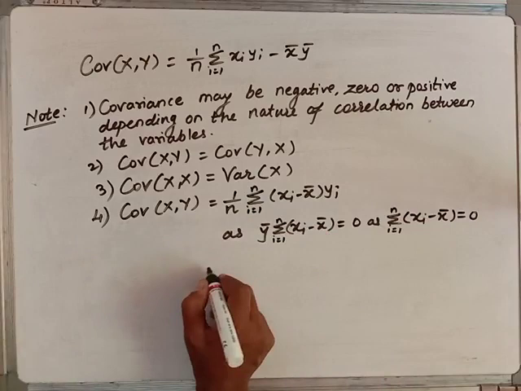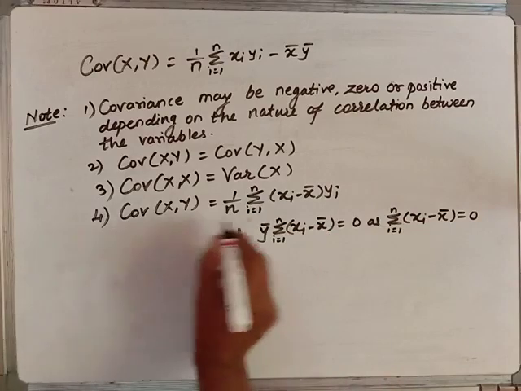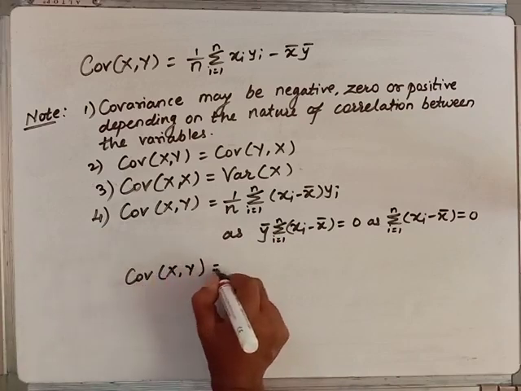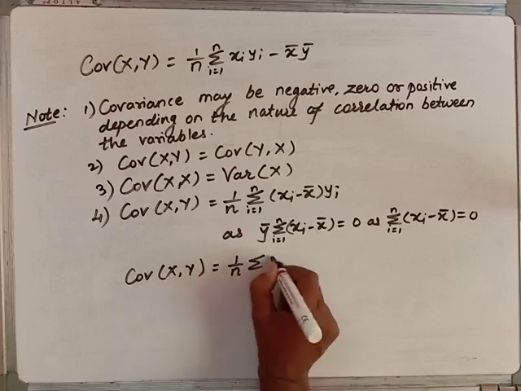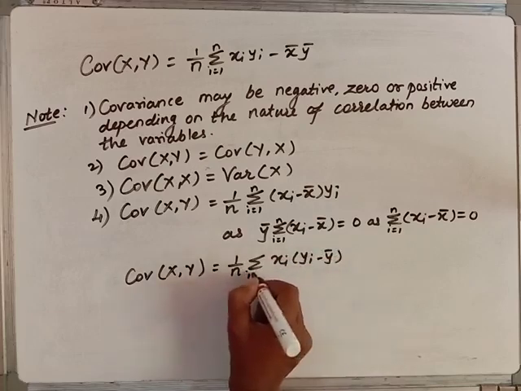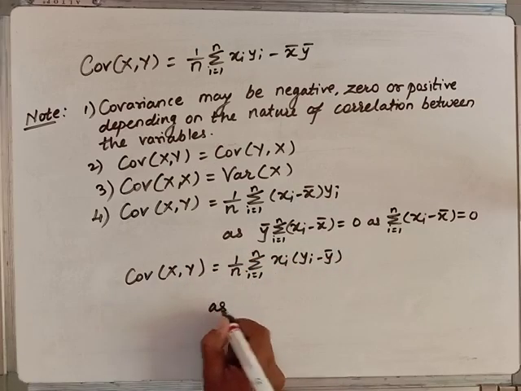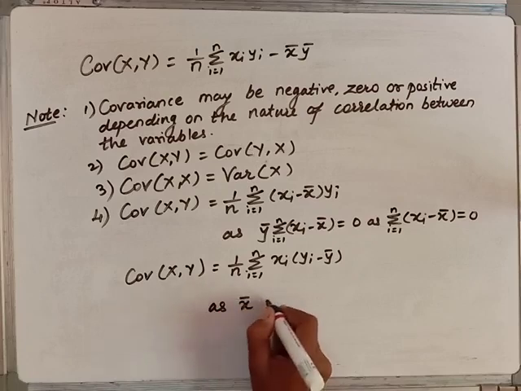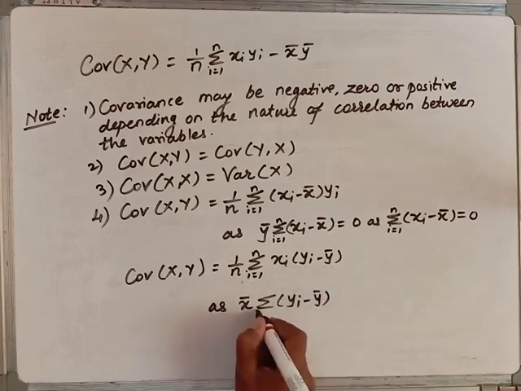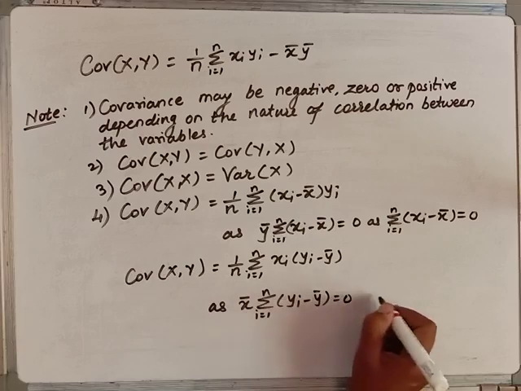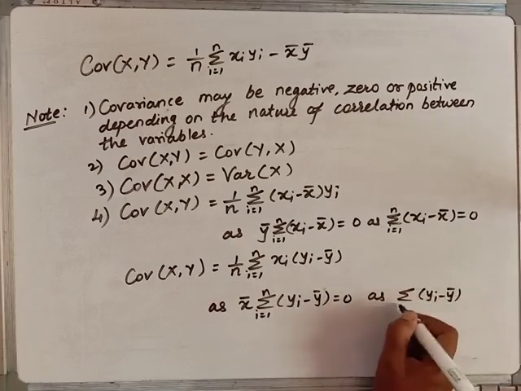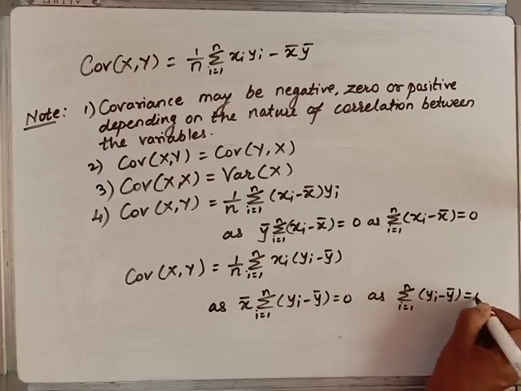Fine. And from this we can write also covariance between x and y is what? 1 upon n summation xi into yi minus y bar, i goes from 1 to n, minus x bar into summation yi minus y bar, i goes from 1 to n, will be 0, because summation yi minus y bar, i goes from 1 to n, is what? 0.